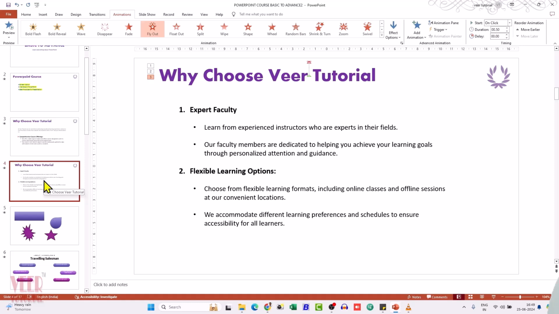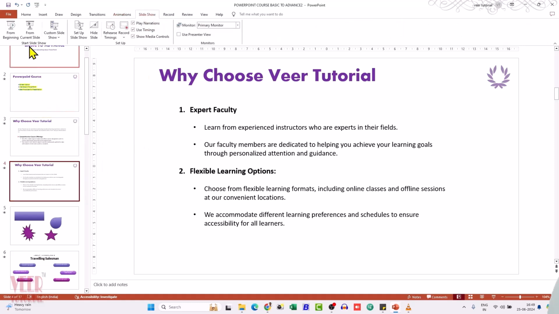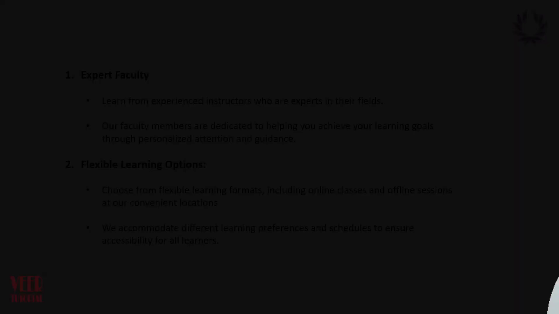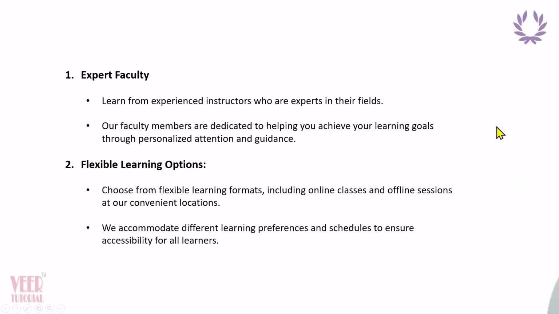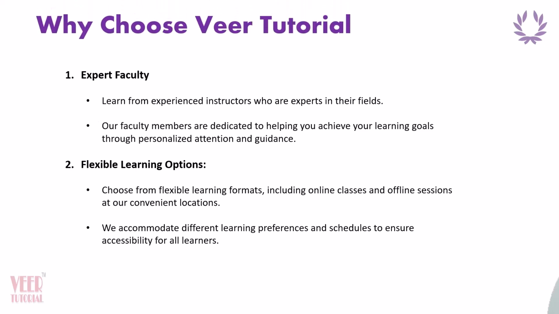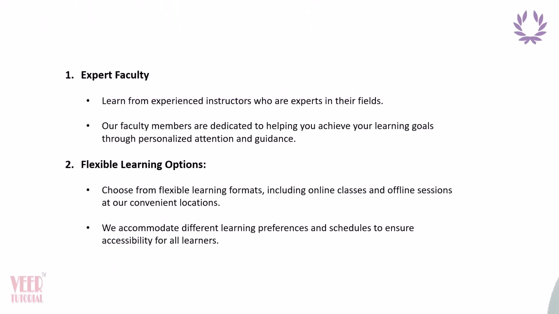After selecting this slide, come to slideshow and click on from current slide. We cannot see our title over here, but we can see the content because we have not applied any animation to this content. Now I'm going to click to bring my title from the top, then emphasize, and exit.